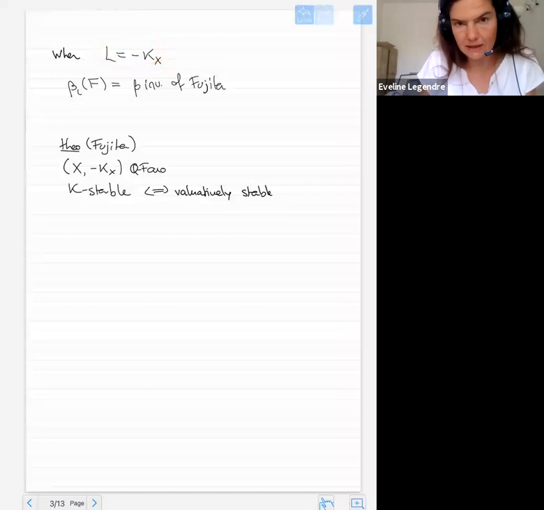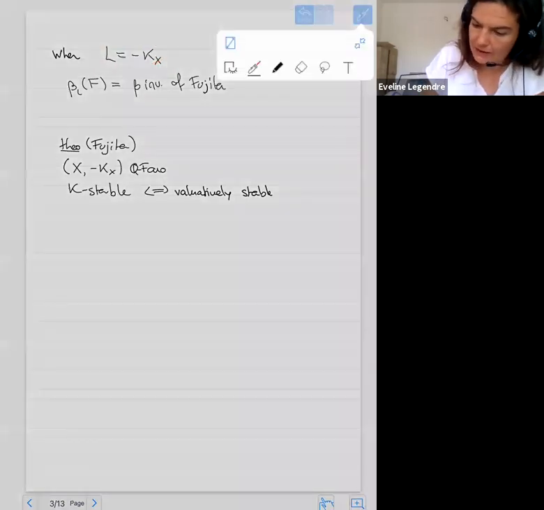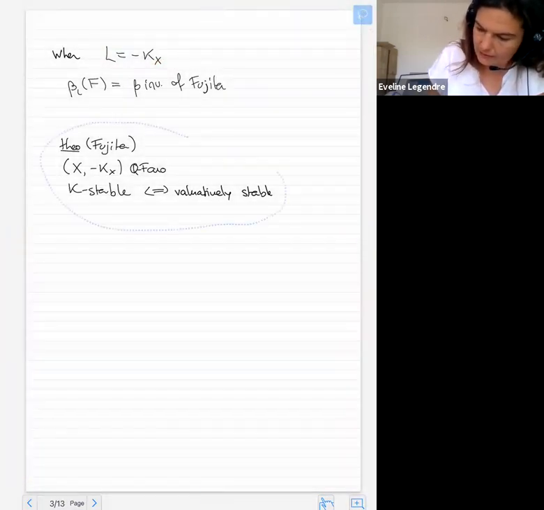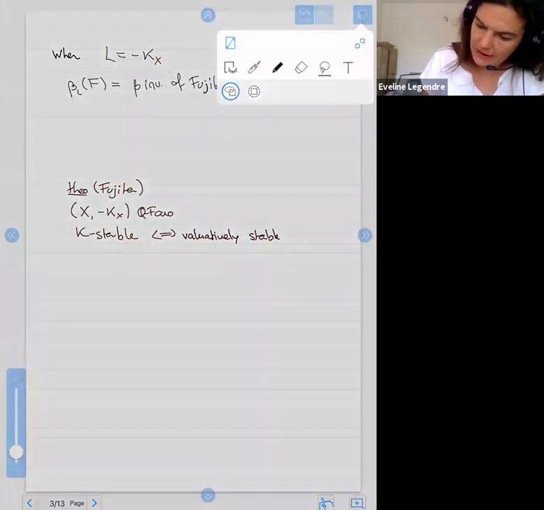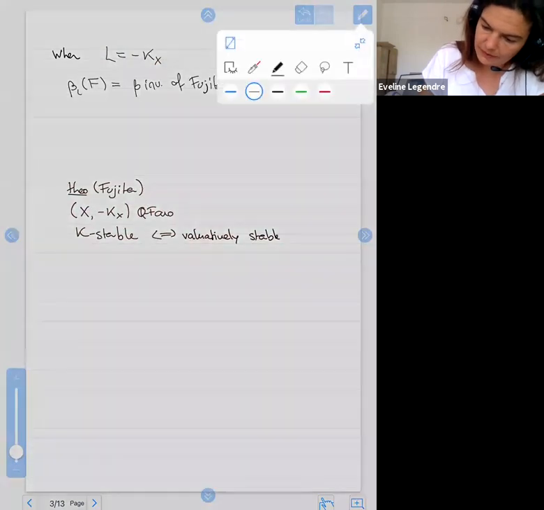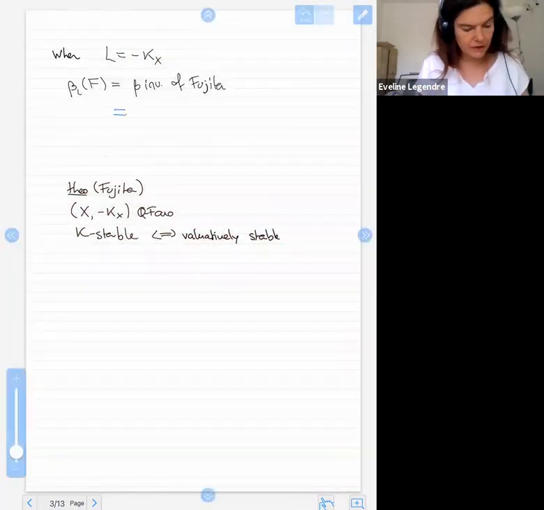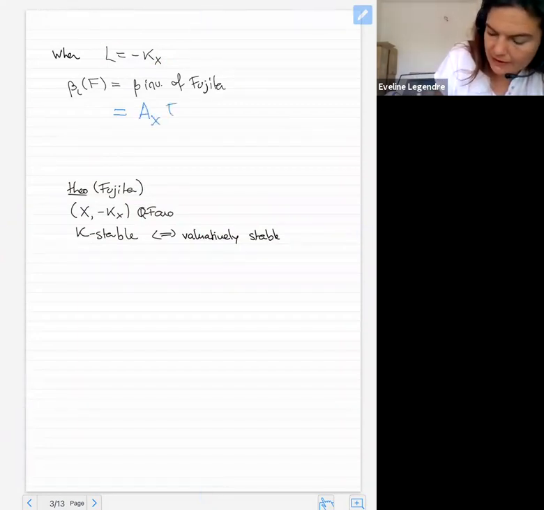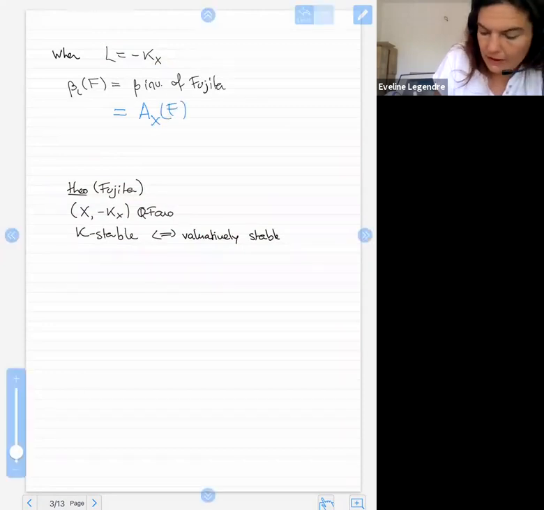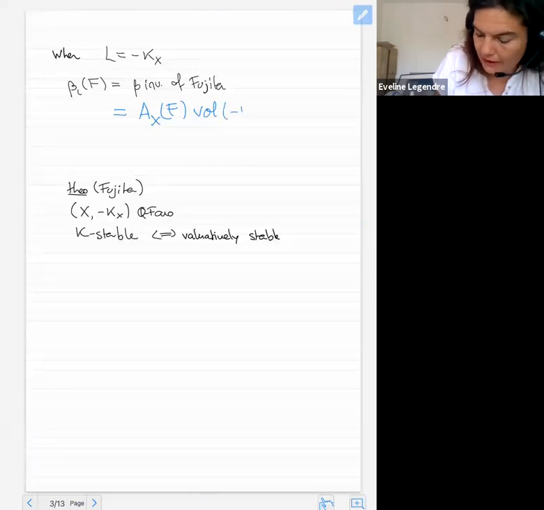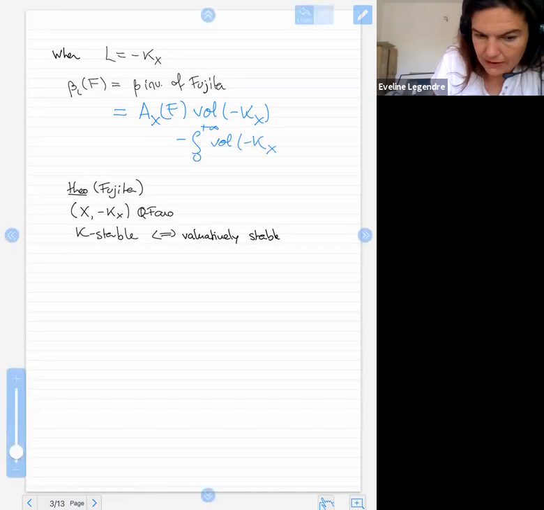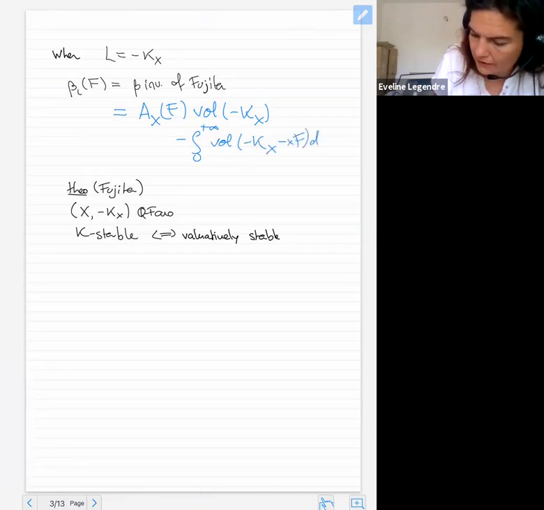Assuming that L is the anti-canonical bundle, the beta invariant he had was the log discrepancy A_X(F) times the volume of minus K_X, minus the integral from 0 to plus infinity of the volume of minus K_X minus xF dx.